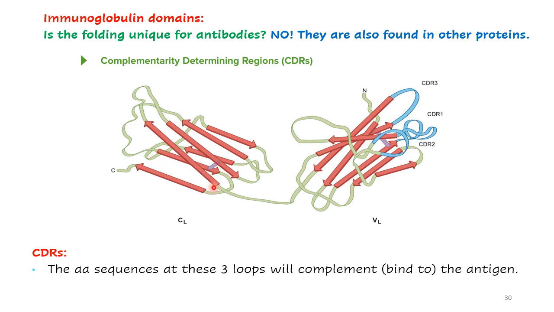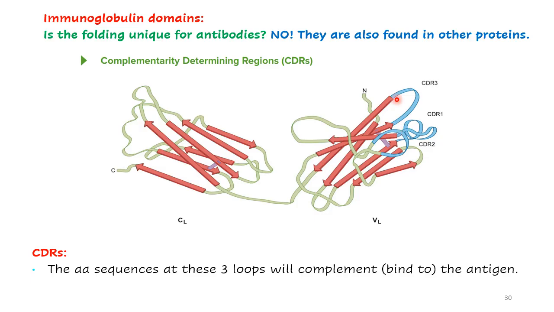The constant region of the light chain all has the same type of folding, the immunoglobulin domain. The variable region also has this immunoglobulin domain at its core, but the loops close to the outside are going to be different for every antibody.